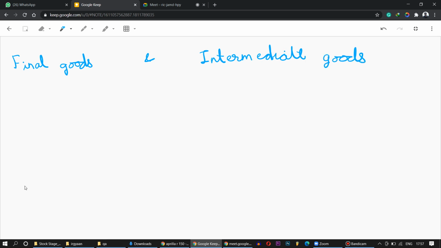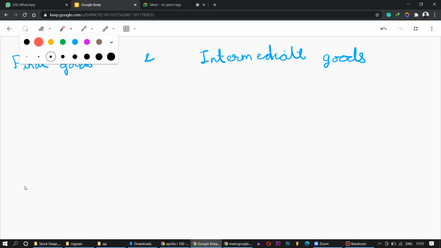We are going to see final goods and intermediate goods. Very simple. Yesterday I had given a brief idea of this. Final goods and intermediate goods. So there's one sentence which nicely describes this.